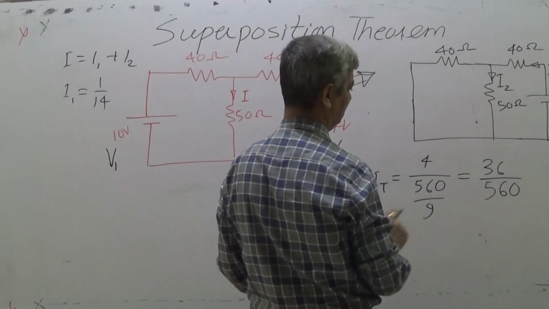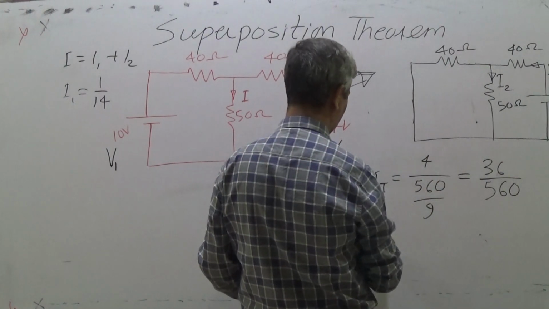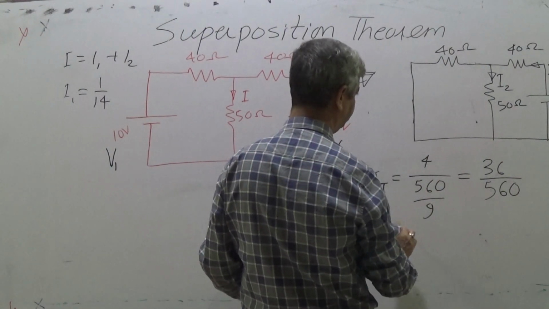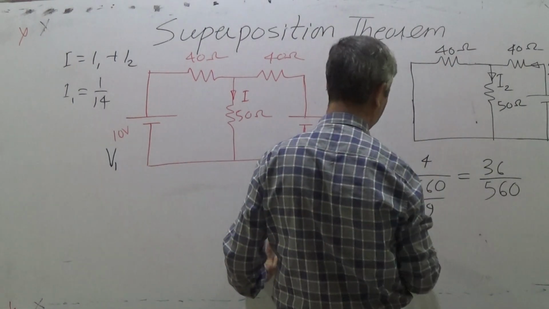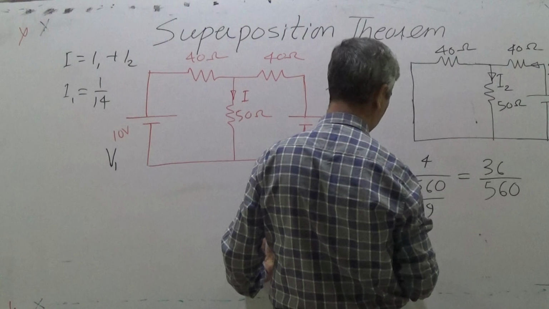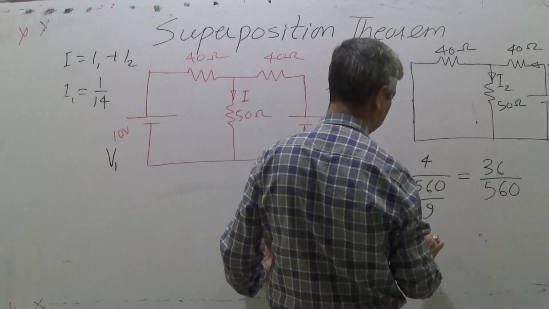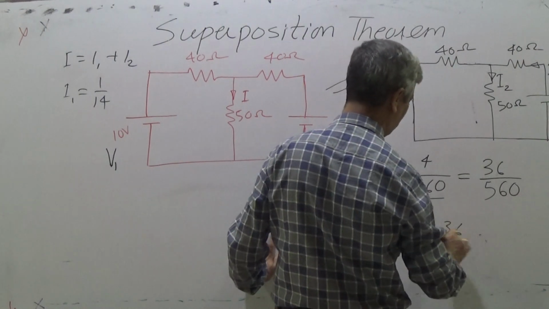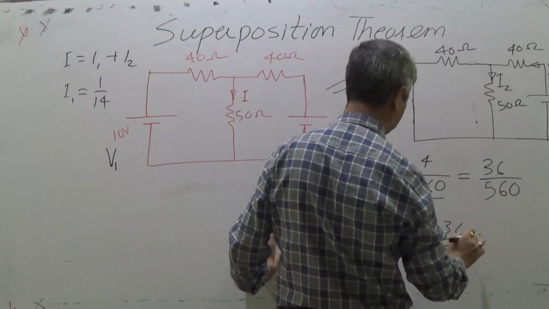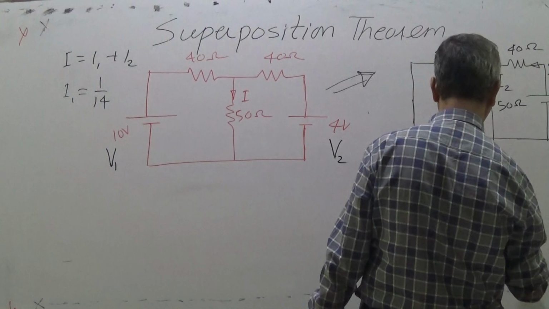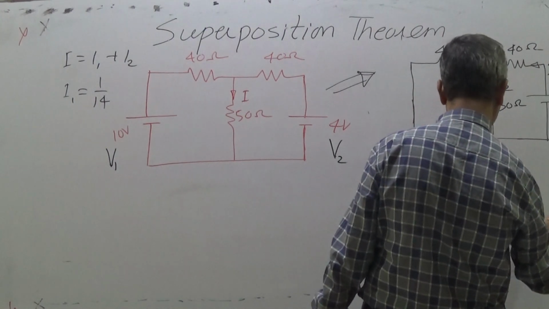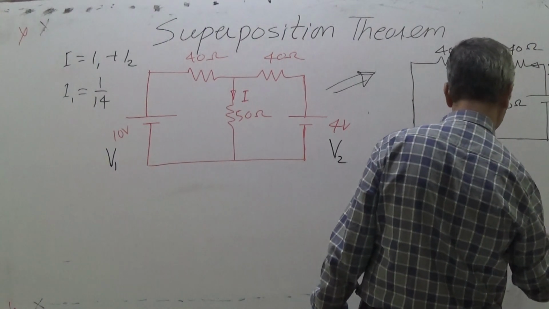I will keep it as it is, and then I2 would be equal to 40 upon the same 40 plus 50 into 36 upon 560, that corresponds to 4 by 9 into 36 by 560.